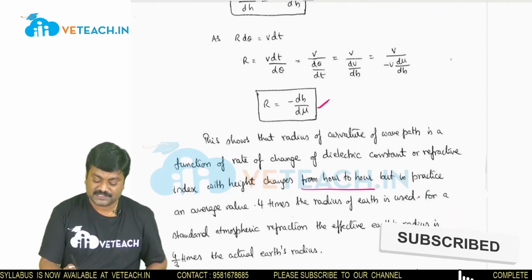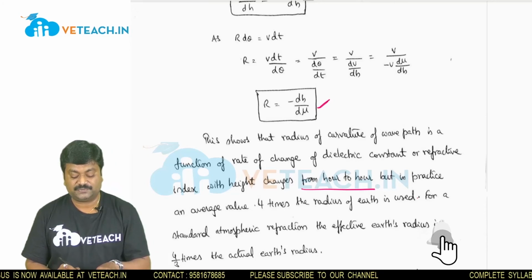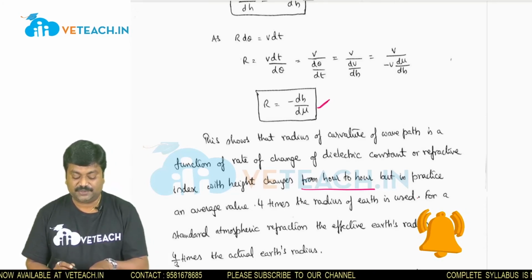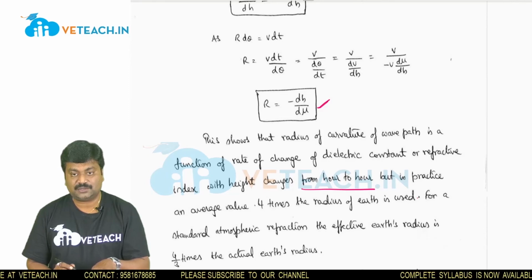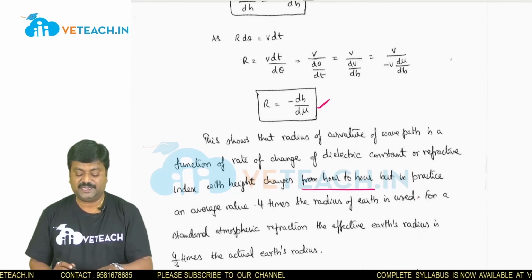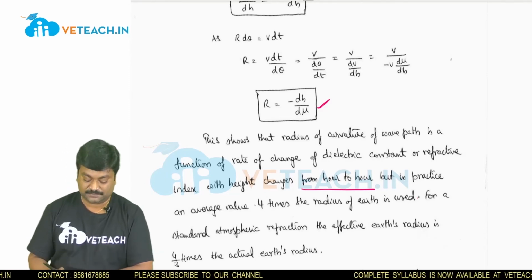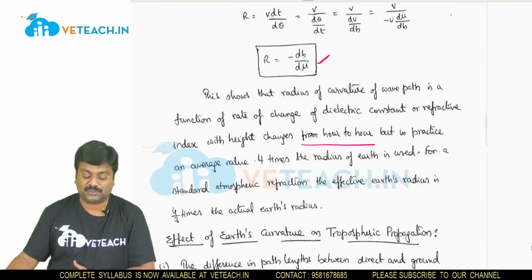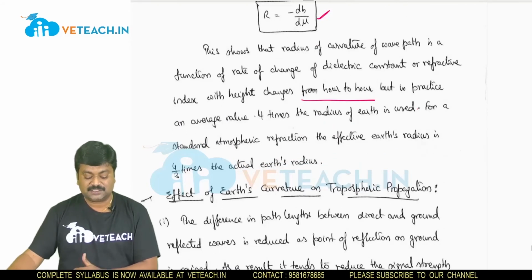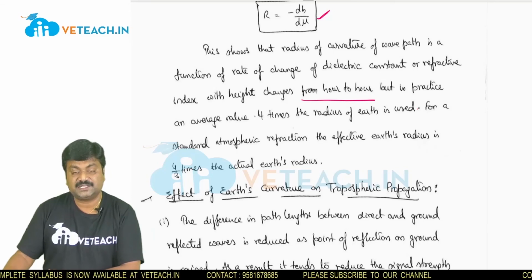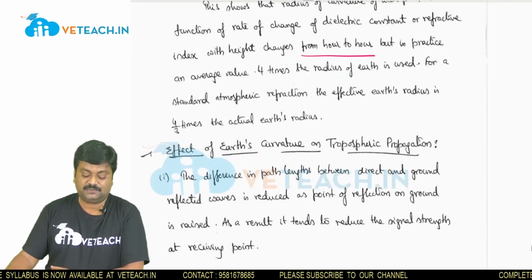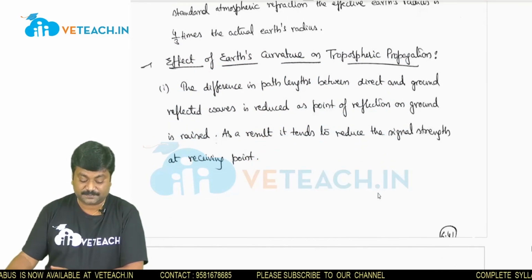So simply we can say the radius of curvature is a function of the rate of change of dielectric constant or refractive index with the height changes from hour to hour. In general, it is 4 times that of the Earth's radius. For a standard atmospheric refraction, the effective Earth's radius is 4 by 3 times that of the actual Earth radius.